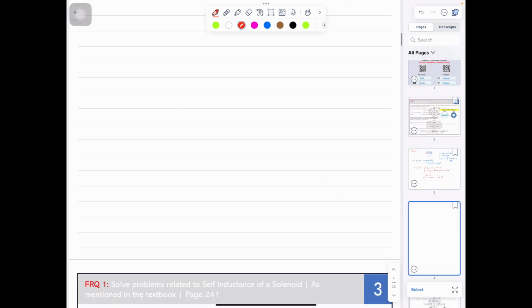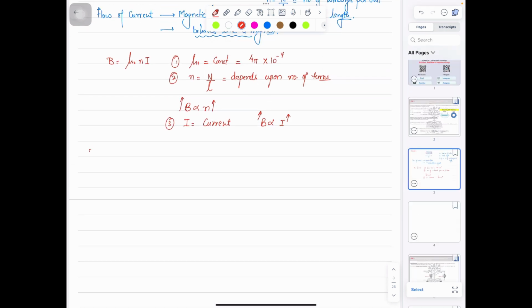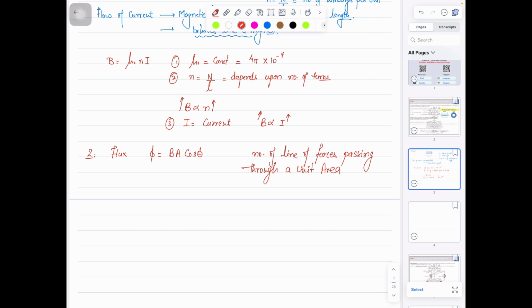The second thing we need to understand, so that we can continue with this topic, is the flux. If you remember, flux is B A cosine theta. What is the meaning of flux? The number of lines of force passing through a unit area.